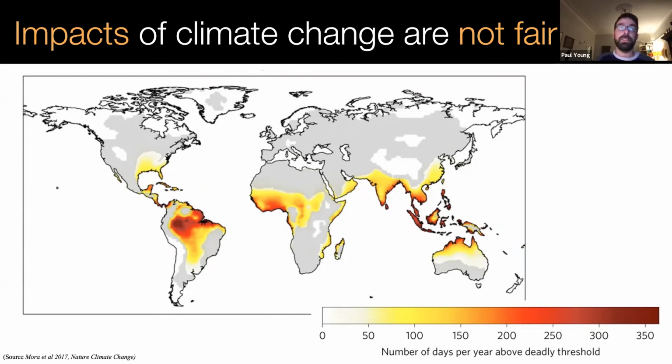So as climate scientists we are interested in quantifying the impacts of climate change in this way. We can think about issues of justice and fairness, but we can also think about resilience, the capacity of different people to deal with the shocks.